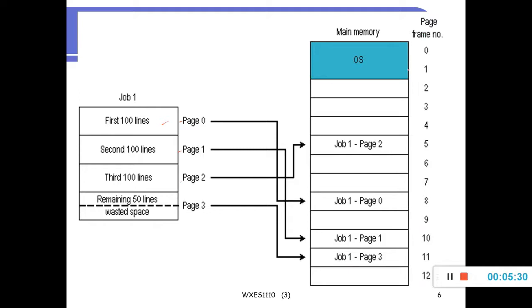This is the page frame number, where 0 and 1 are taken by the OS, and 2 until 12 page frames are free. Any job will be stored in this main memory, not contiguously. It will look for an empty slot among the page frame numbers in the RAM, and it will fix that.